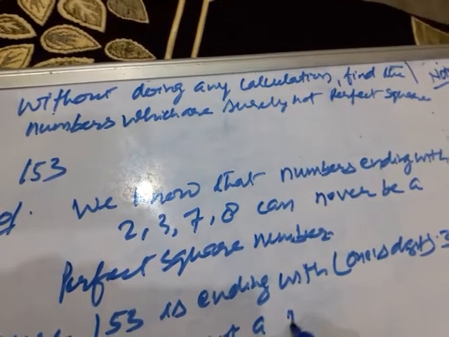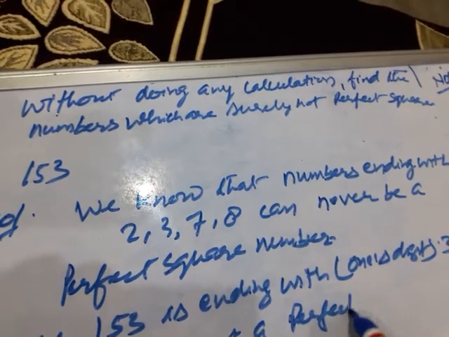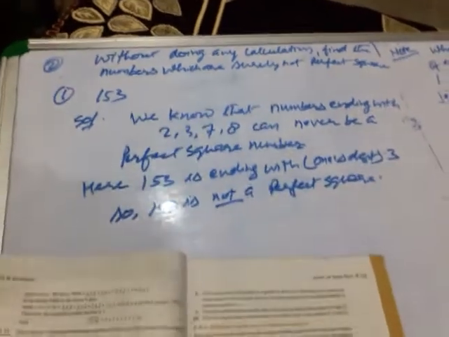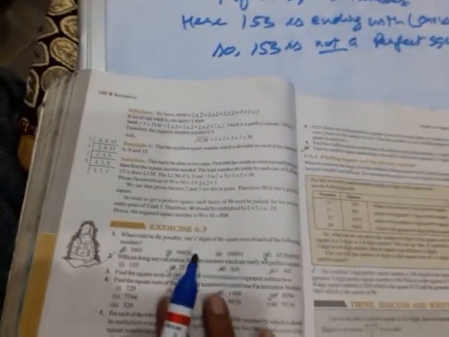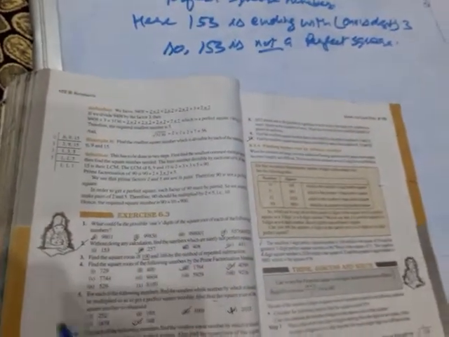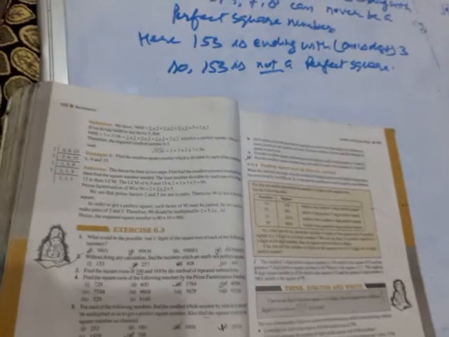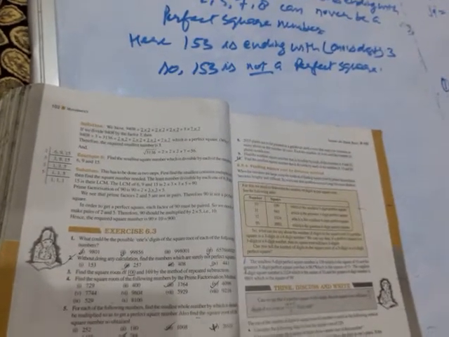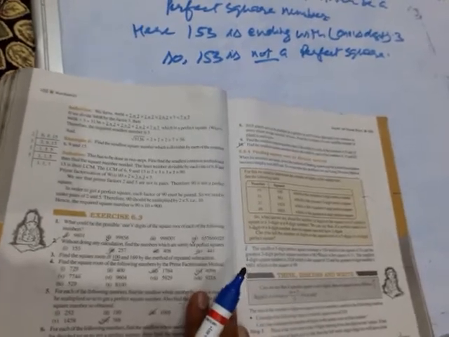Children, this is how you have to give the reason in each case. Clearly, 153 is not a perfect square. 257 is also ending with 7, so it is also not a perfect square. 408 is also ending with 8, so it is also not a perfect square.